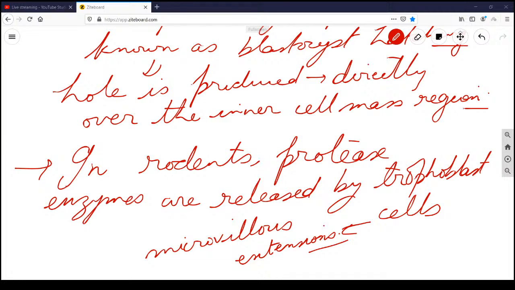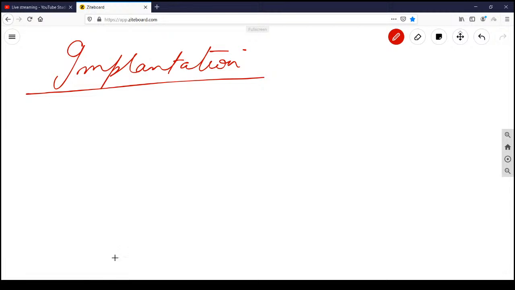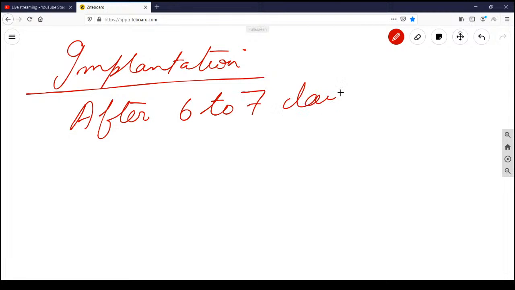Now, when we come to implantation into the uterine lining, when does that happen? That is a great question. It will take 6 to 7 days after fertilization. So implantation occurs after 6 to 7 days of fertilization.